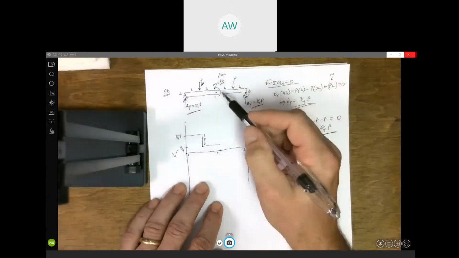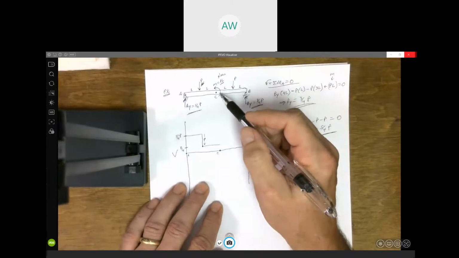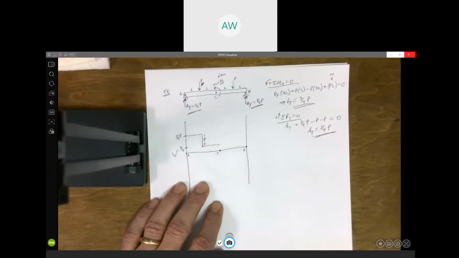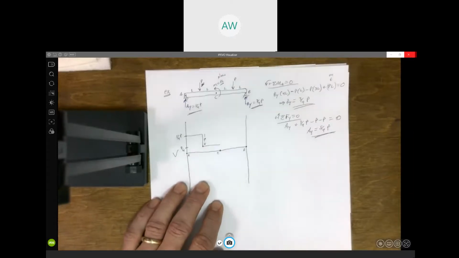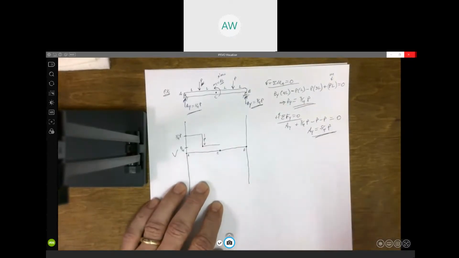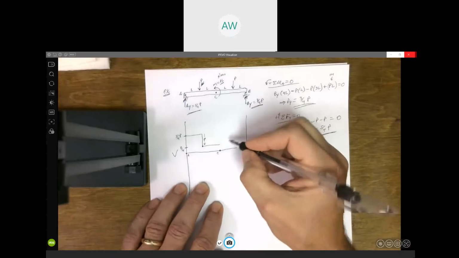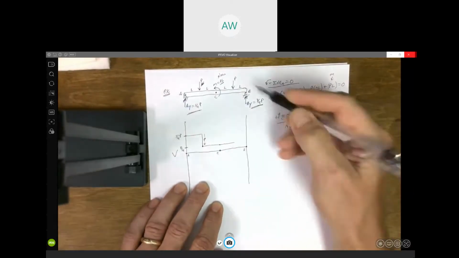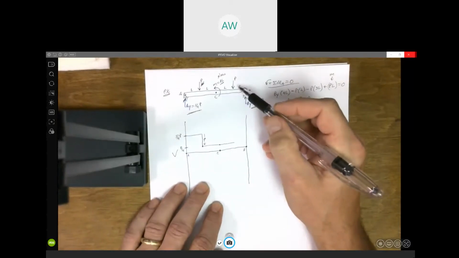Now, notice when we get here to C, we have a moment, not a force. From our discussion back maybe Monday, we looked at a concentrated force and a concentrated moment. We saw that the moment didn't affect the shear diagram. So we don't change, we just keep going. Shear diagram doesn't change until a force changes.